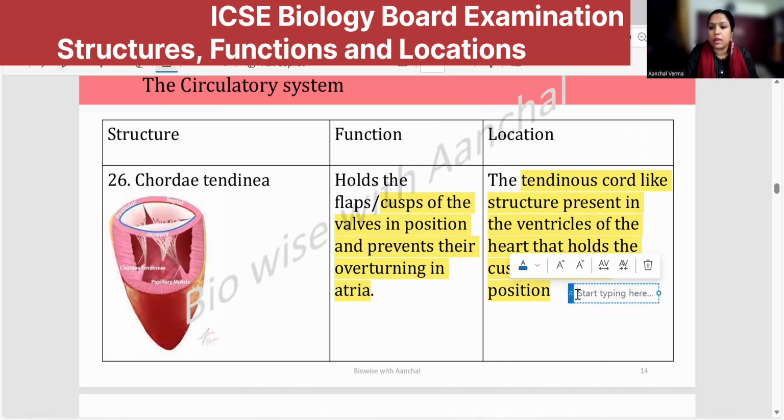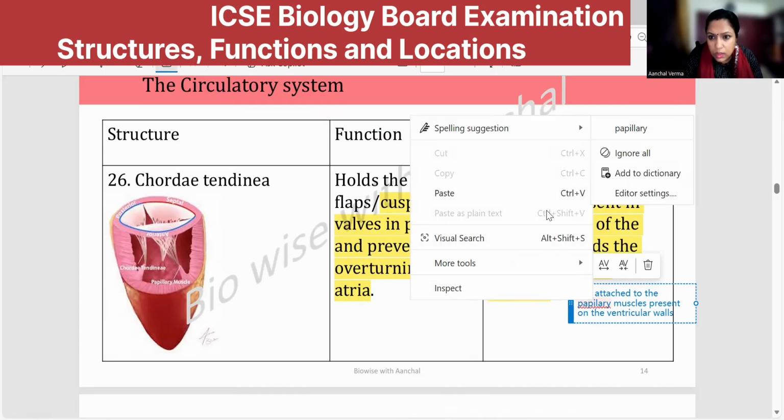Okay, in position, it is attached to the papillary muscles present on the ventricular walls. Okay. This you can easily write.